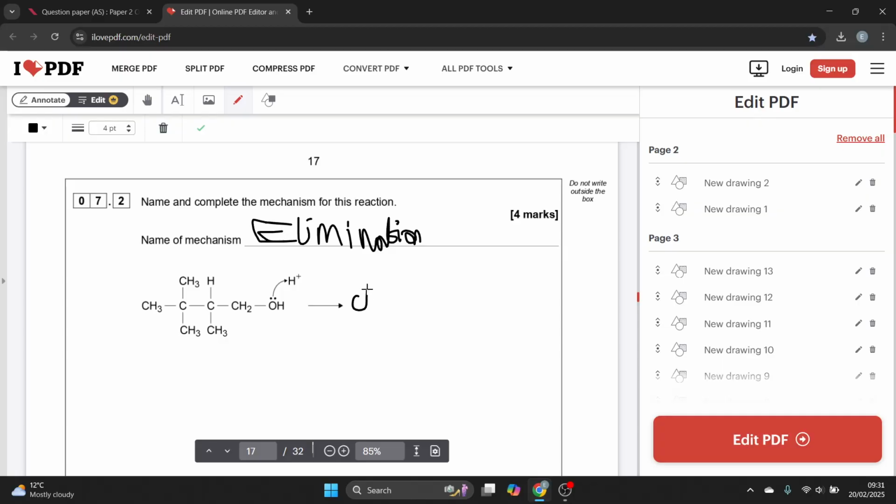So what happens is you've got your CH3, CH2, and oxygen now bonds to that. So now it's positively charged, and now the electrons go from here to here.